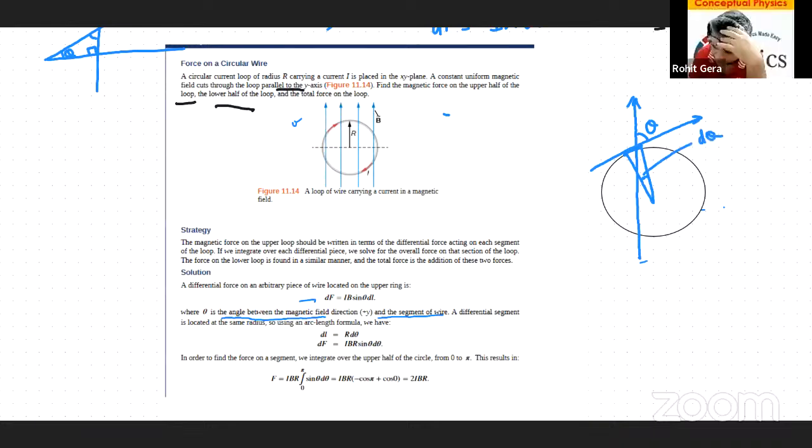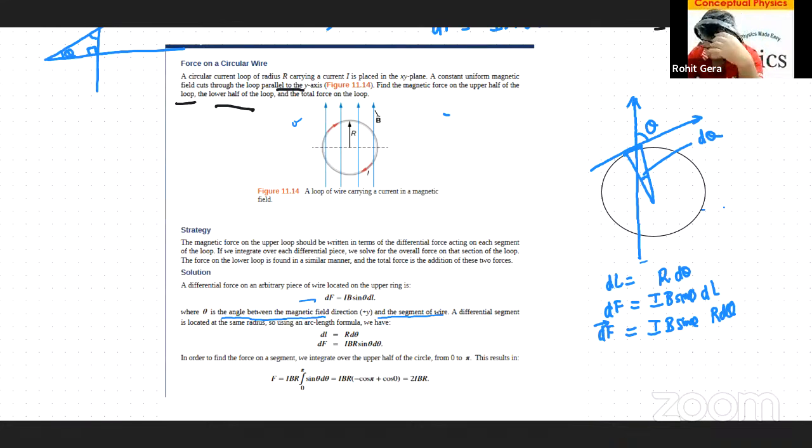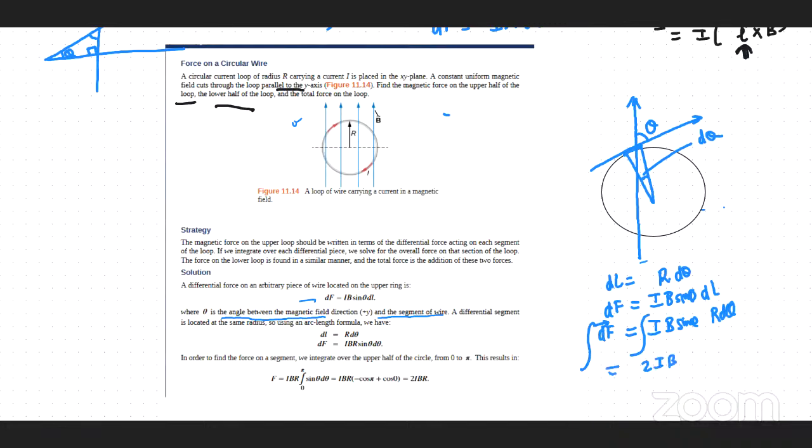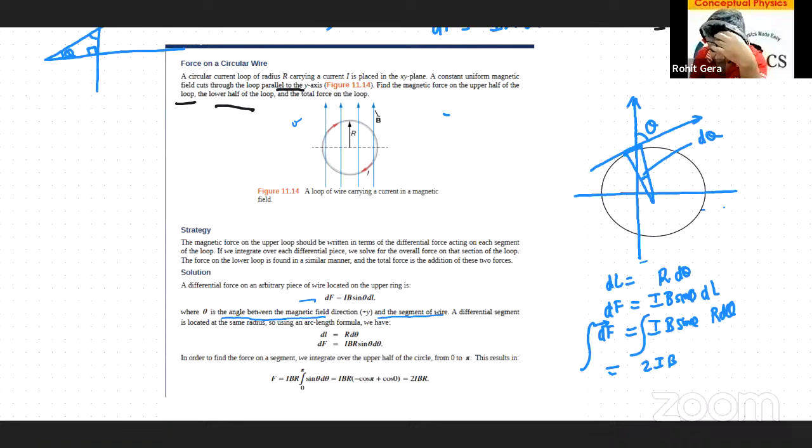So length of the arc is r d theta, and the formula of force is dF equals IB sin theta dl. Now integrate it 0 to pi. Answer is 2IBR. So the upper part of this faces a force which is 2IBR.